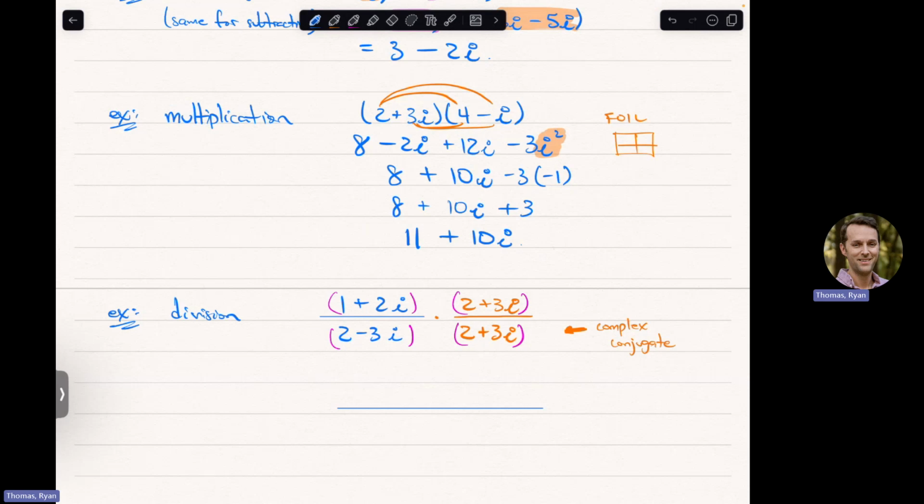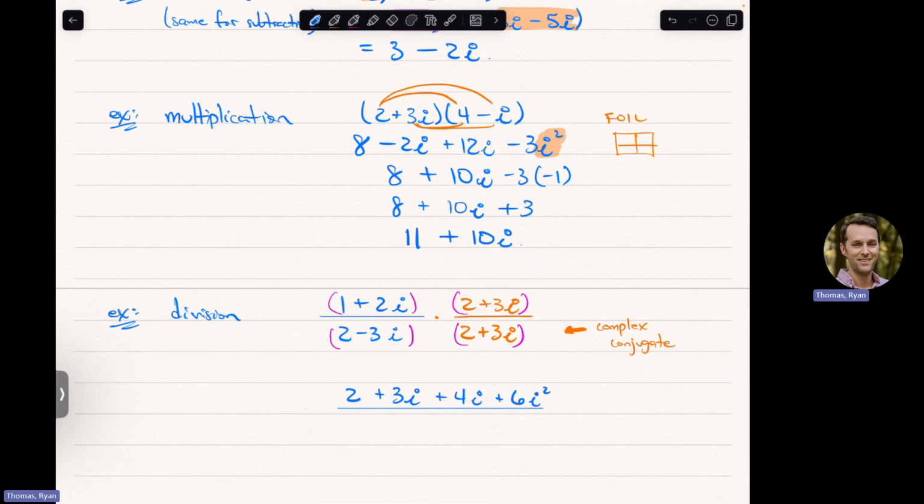So let's start with the top. 1 times 2, so 2. 1 times 3i, 2i times 2, and then 2i times 3i. Should be 6i squared.